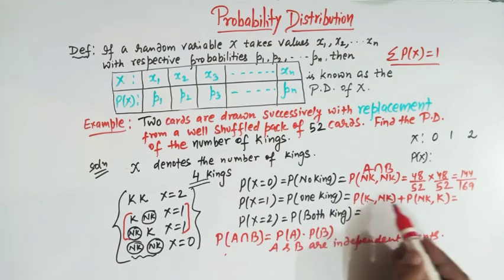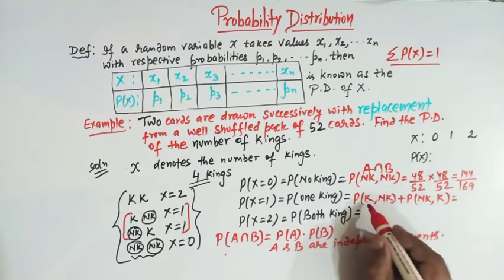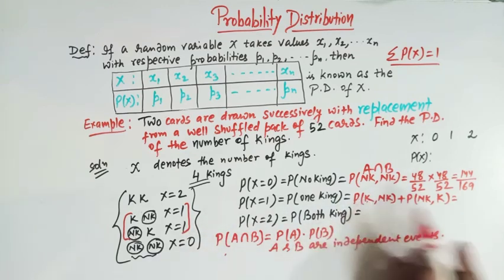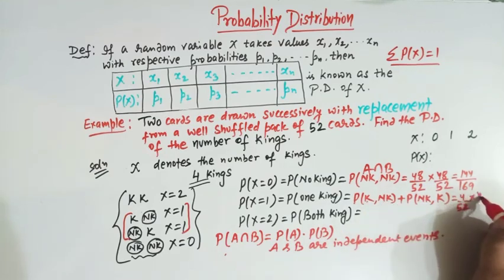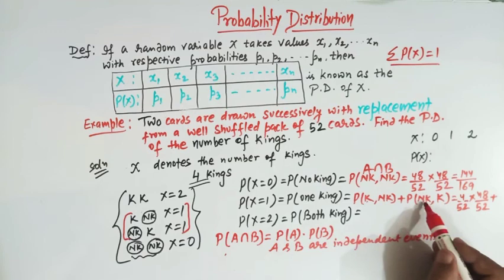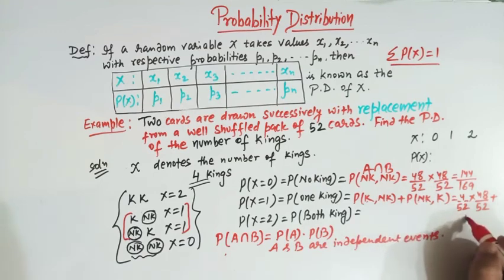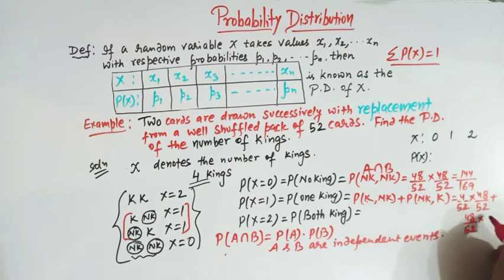So again this is A, this is B, and this can be written as, in the first draw we have the king, so this is 4 by 52 multiplied by 48 by 52, plus in the first draw a non-king, so we have 48 by 52 multiplied by the probability of obtaining a king, which is 4 by 52.